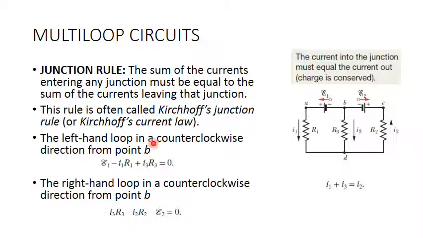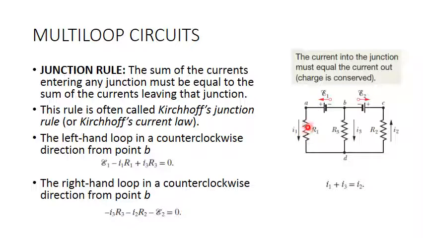Now consider the left hand loop in the counterclockwise direction from point B. We are moving like this. If we apply Kirchhoff voltage law, we have the potential E1 and we are going in the same direction, so E1 will be positive.